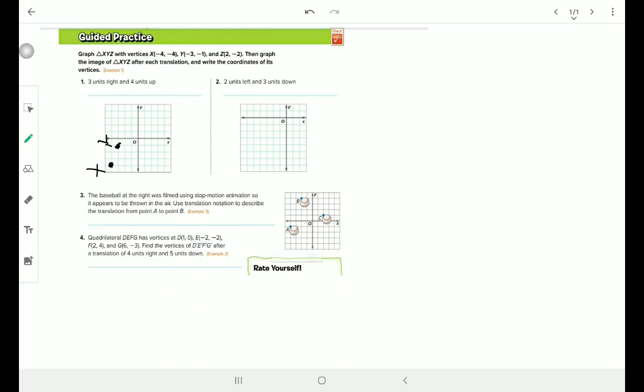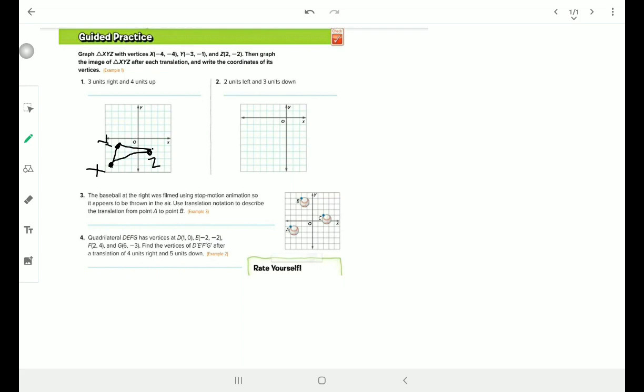And then Z is 2, -2. So 2 on the x and then -2 on the y. So that's going to be about right there. And that is point Z of my triangle. So I can create my triangle just like that. Now, this isn't a very good shape, but you get the idea.